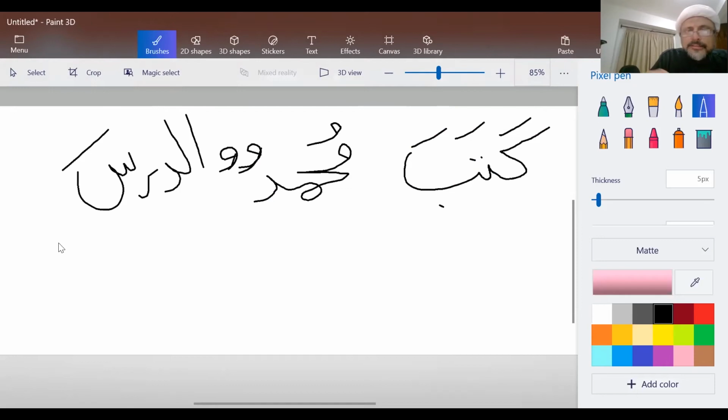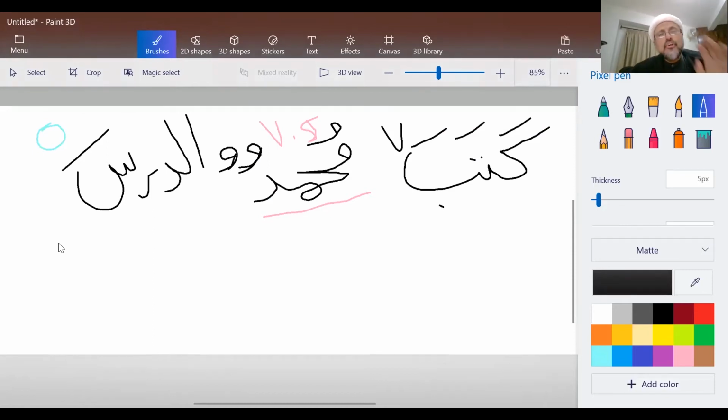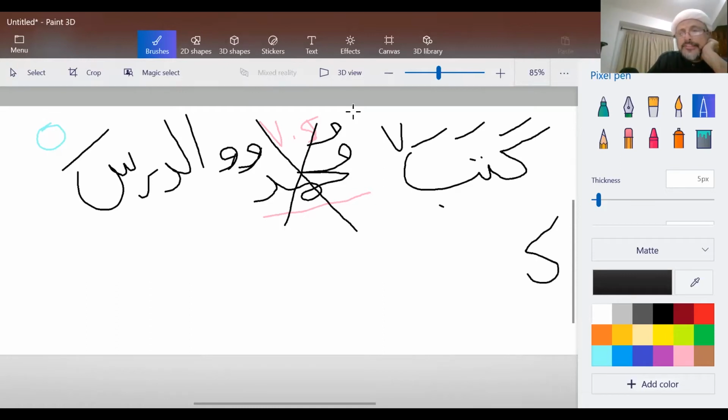So we said this is our verbal subject, this is where we are doing, and this is our object, and this is our verb. Good. Now, sometimes for some artistic or eloquent reason, we don't want to present the subject. Maybe there's a threat, or maybe the subject doesn't want to be in the picture. So we have this kataba, and we have this ad-dars.